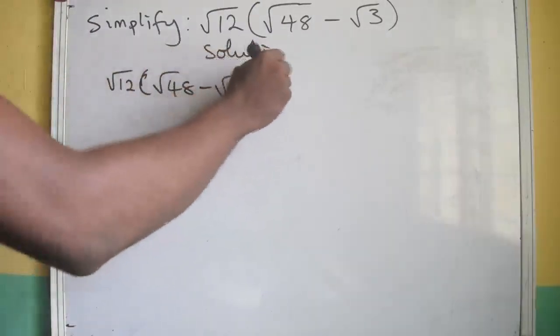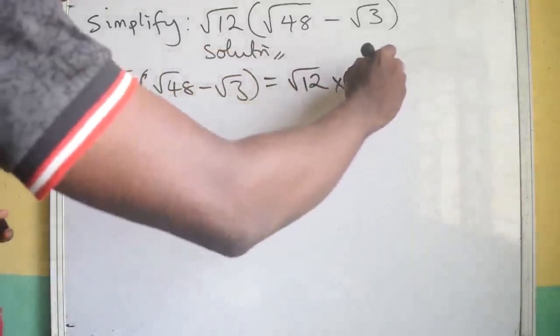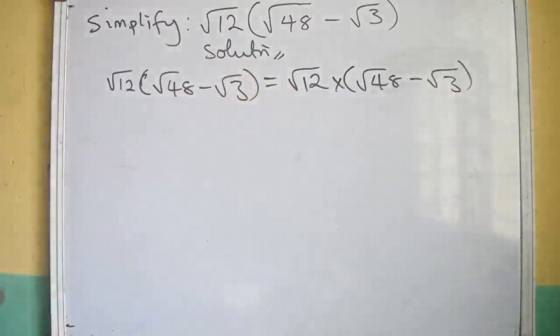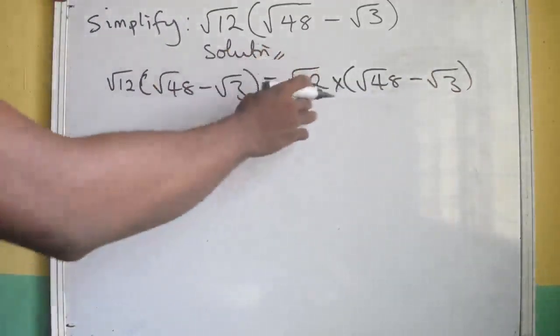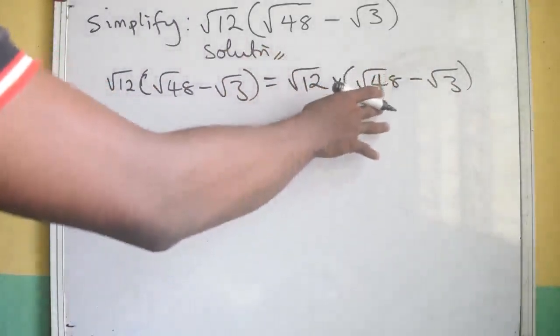So this will be root of 12 multiplied by (root of 48 minus root of 3). Okay, so we have this. Our interest here now is to reduce this 12 and 48.